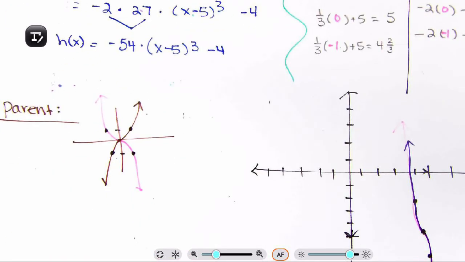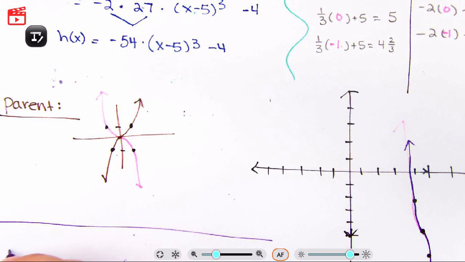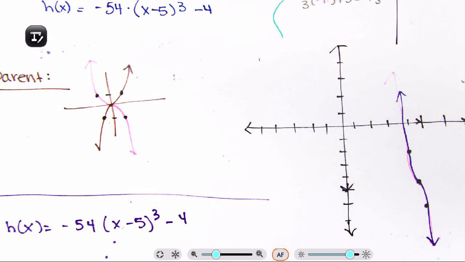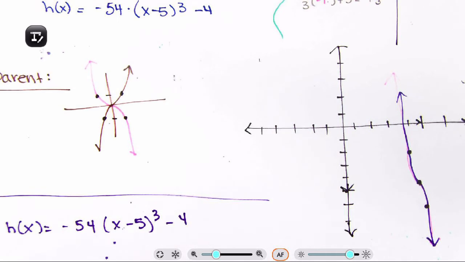Let's figure it out. What I have is h of x equals -54 times (x minus 5) cubed, minus 4. So straight up, let's do the vertex. The vertex is (h, k).